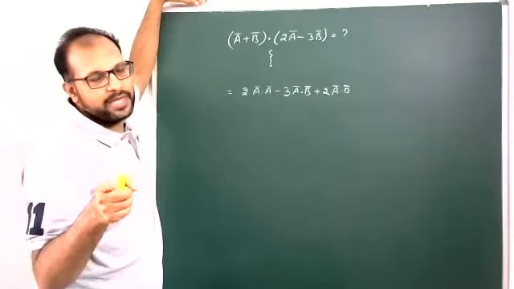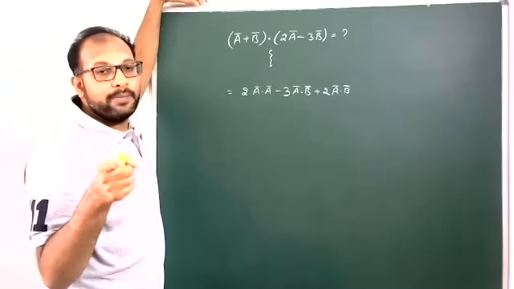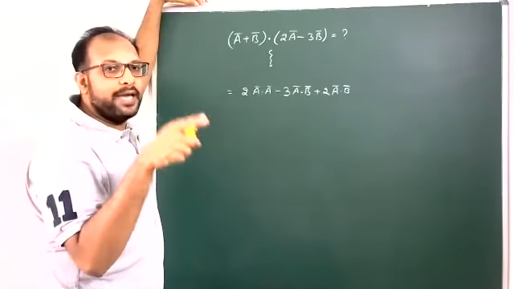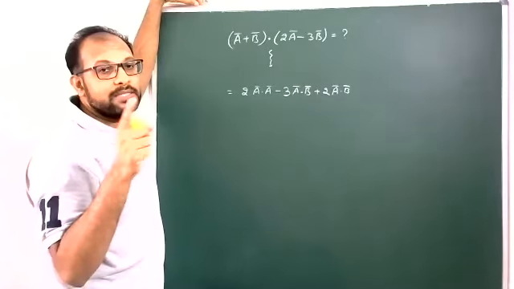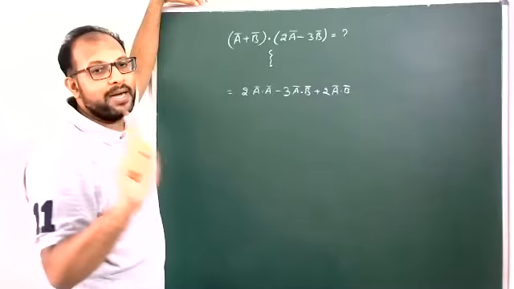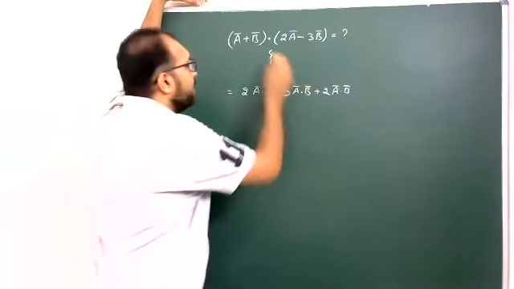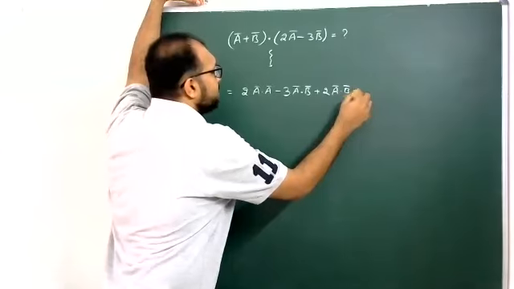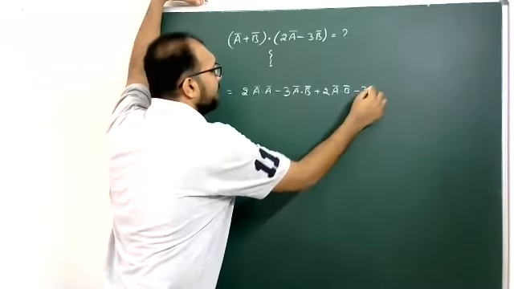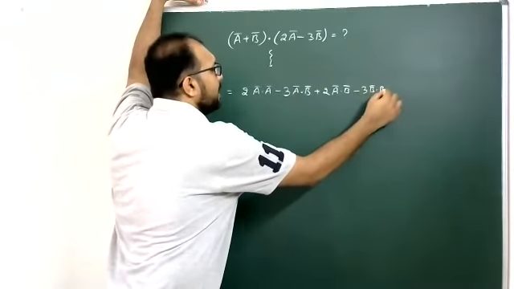Students, yesterday we have seen A bar dot B bar equal to B bar dot A bar. But A bar cross B bar and B bar cross A bar are not the same. But the dot product is same. Right. Next, last, minus 3 B bar dot B bar.